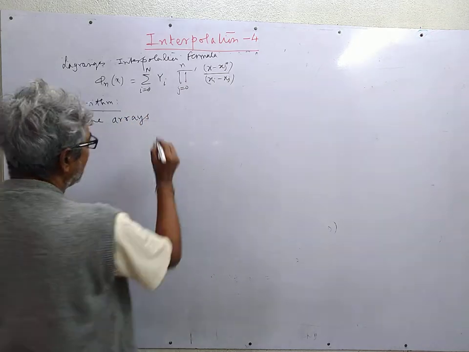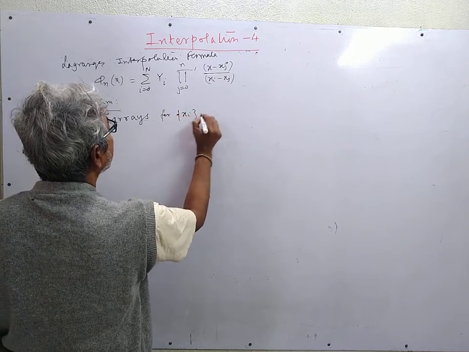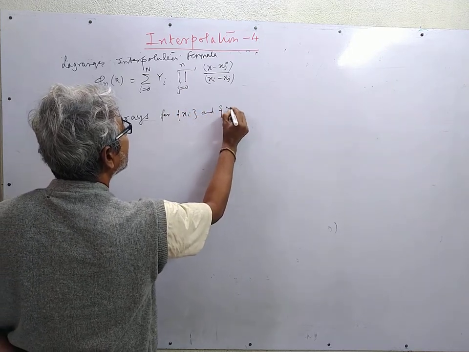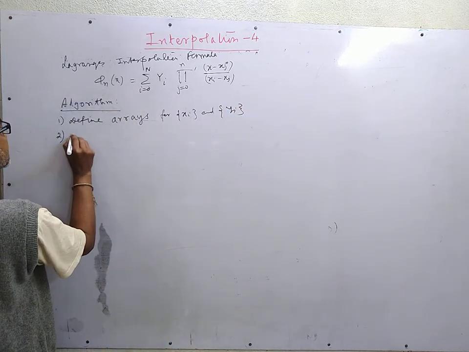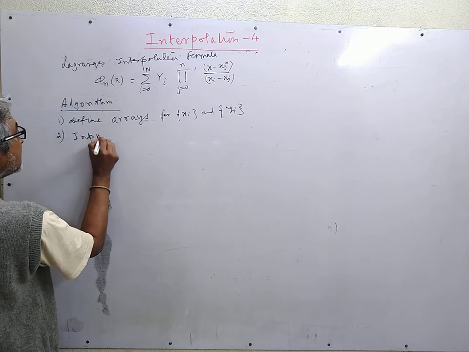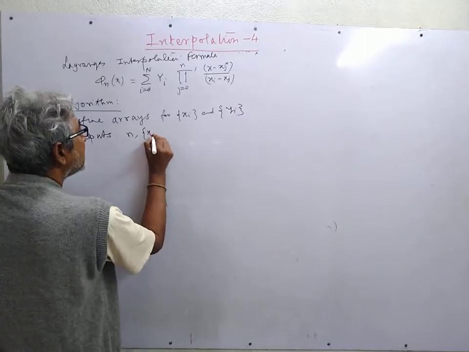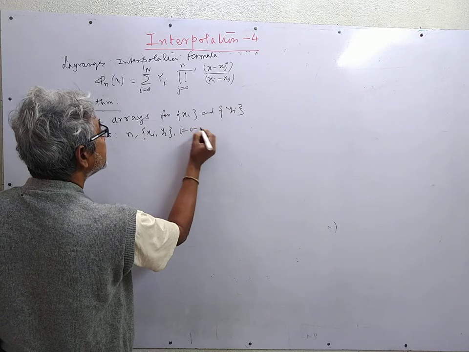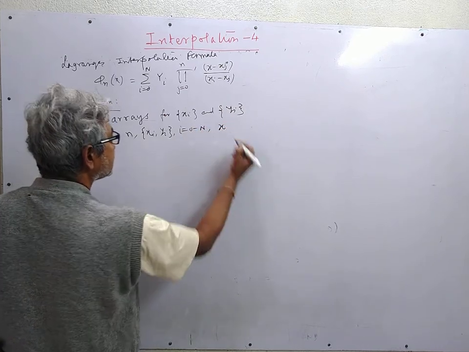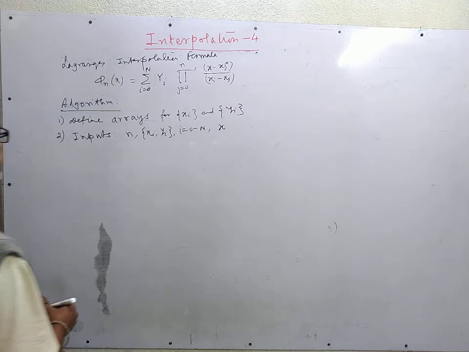Arrays for xi and yi, then inputs: n, the xi, yi values with I ranging from 0 to n, and the x value at which we perform the interpolation.